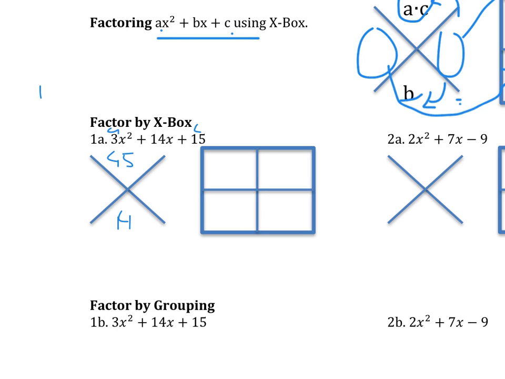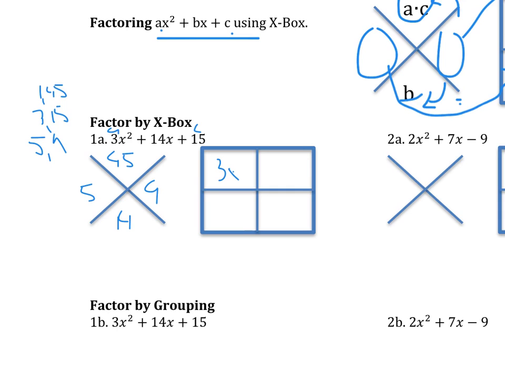So all the factors of 45, 1 and 45, well, those don't add to 14. 2 doesn't work. 3 and 15, well, that adds to 18, so that doesn't work. 4 doesn't go into 45. 5 goes into 45. So 5 and 9 multiplies to 45 and adds to 14. So we get 5 and 9.